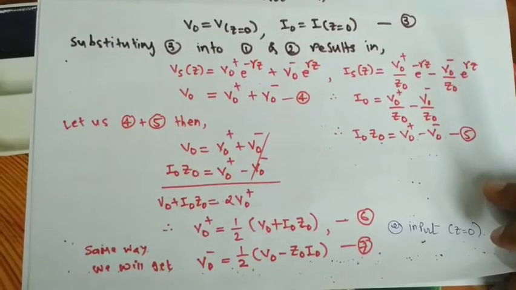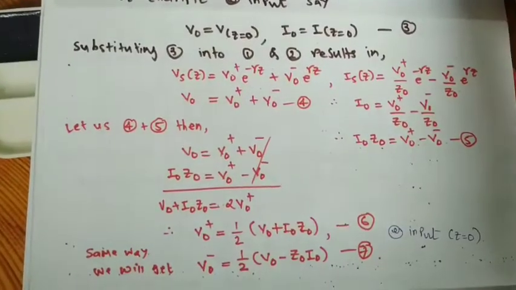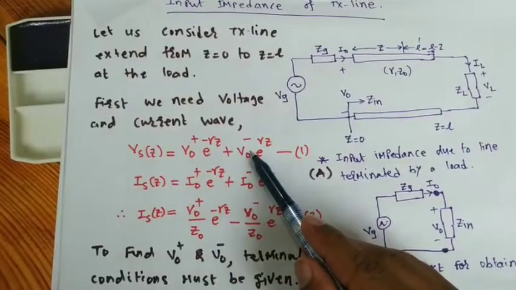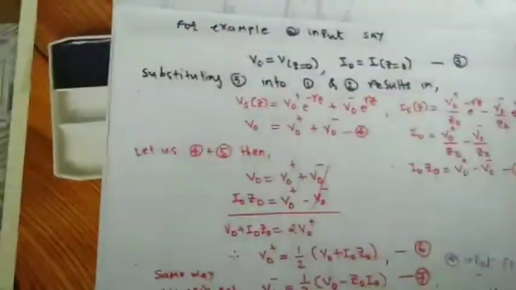For this we have obtained these unknown expressions, V0 plus and V0 minus, at the generator side.